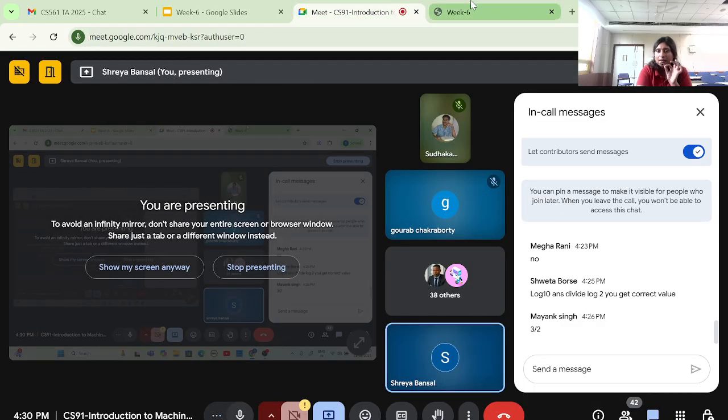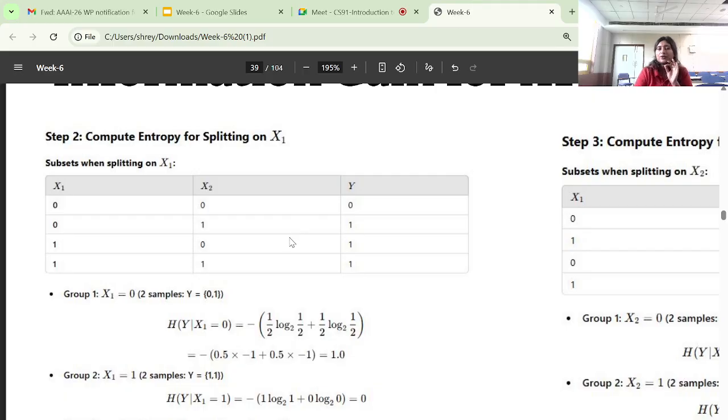Is it fine that now if I give you some data, you have to calculate the entropy of y given x1 equal to 0 or 1, or whichever classes we use? Is this step clear to you? Yes or no?